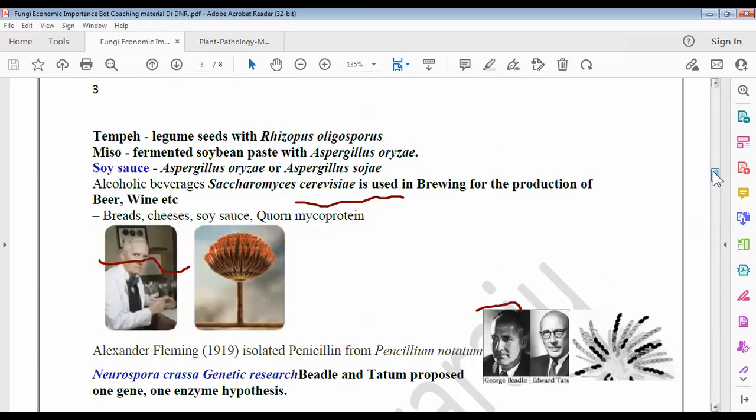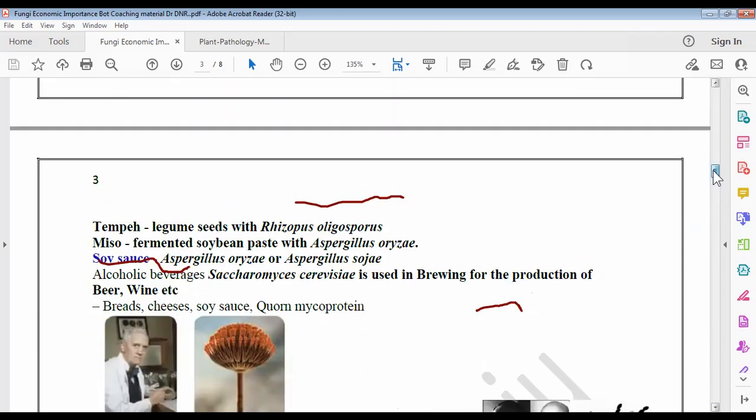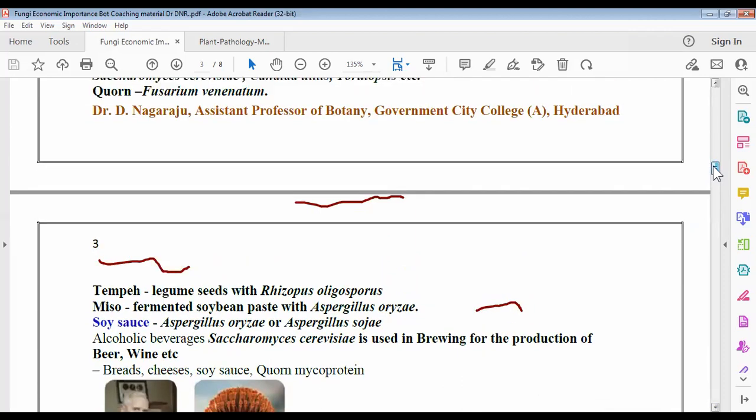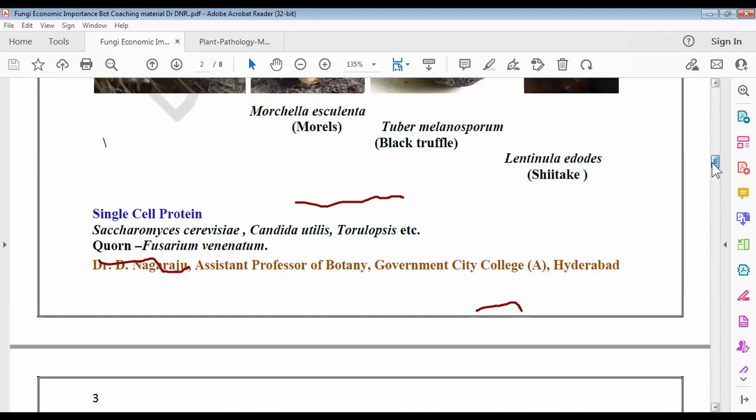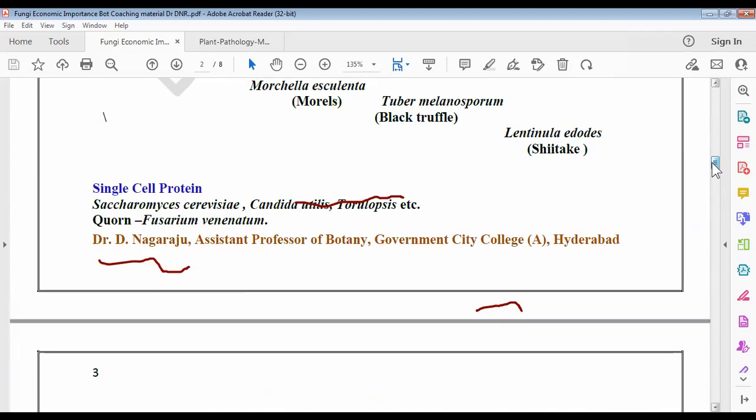These are so many important points. Okay. SCP, single cell protein, which fungi we use in the single cell protein? You know, SCP: algae, fungi, bacteria, we use for single cell protein, SCPs.